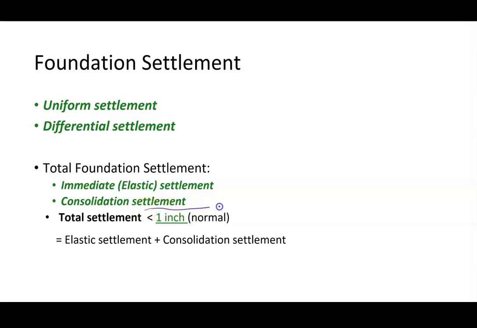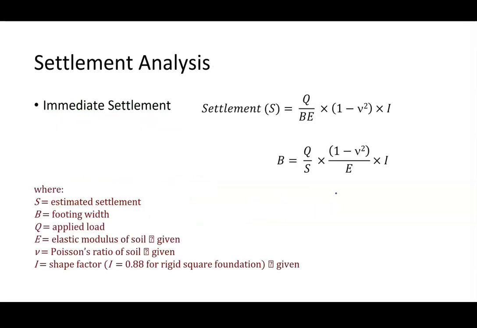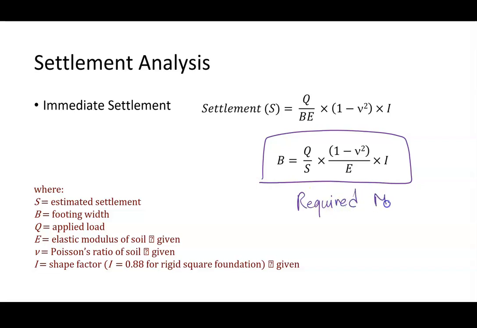So remember, for your questions, you need to use a settlement of 1 inch. And if the question is asking you to find the required minimum width of foundation based on settlement limitation, then you need to use this formula.